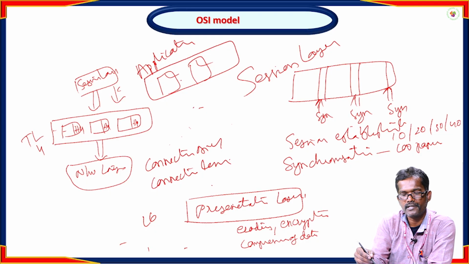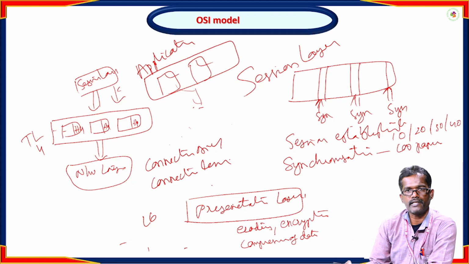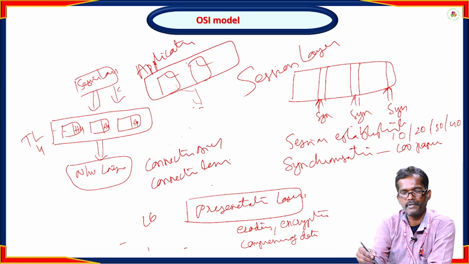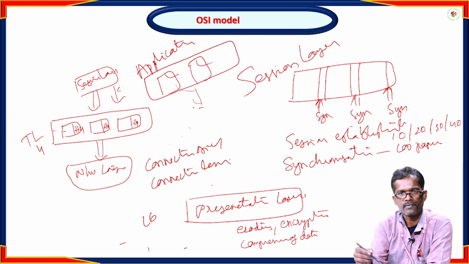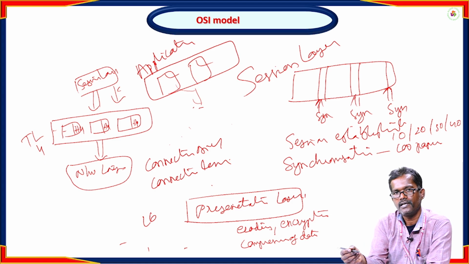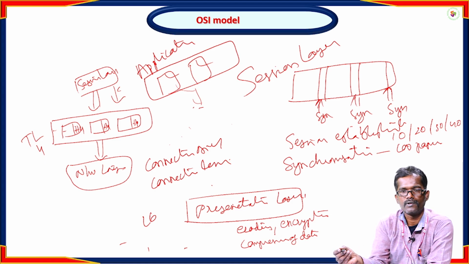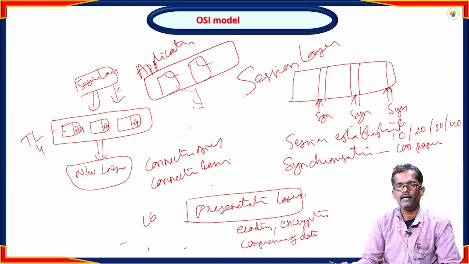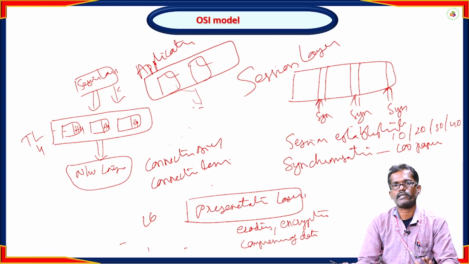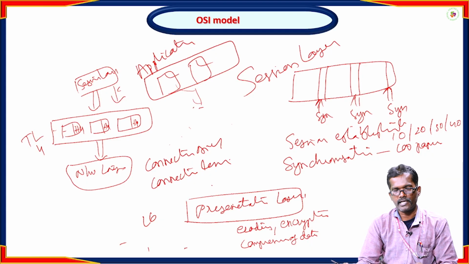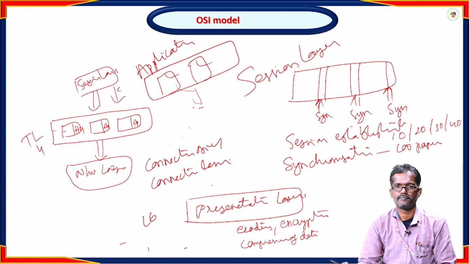If you open an application, that data is sent through the presentation layer, session layer, and the layers below. Everything is taken care of by these layers. An example is HTTP, Hypertext Transfer Protocol. An HTTP page will be opened and the page will be responded to from the internet. Everything is taken care of by the application layer. These are user-end applications. This is regarding the OSI reference model.